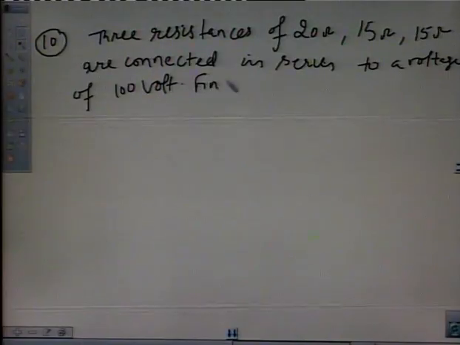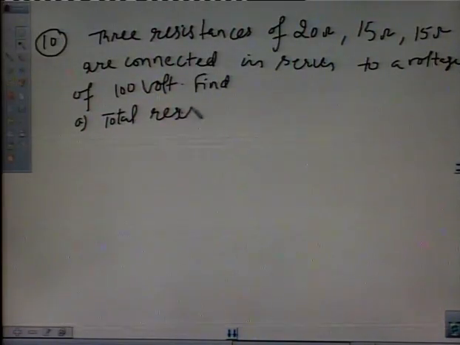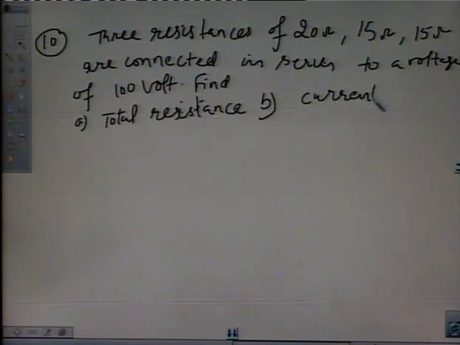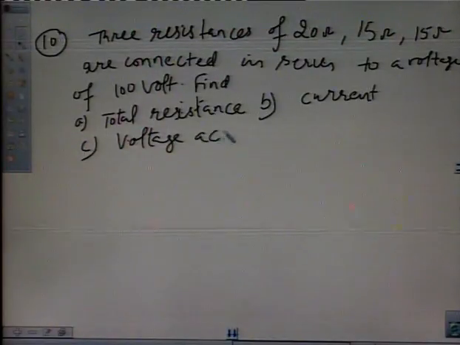Find the total resistance, the current, and the third thing is the voltage across each.